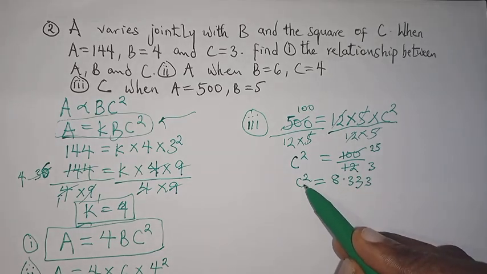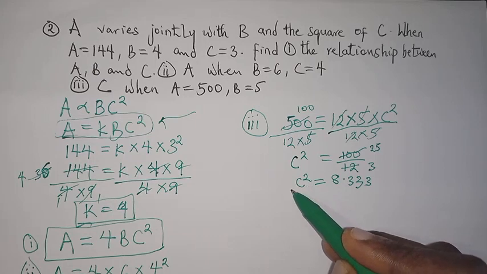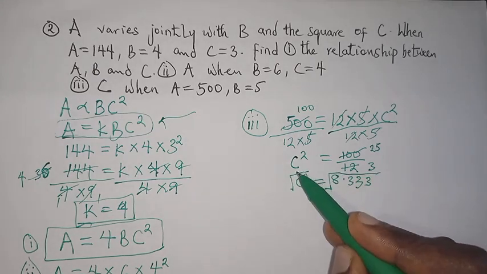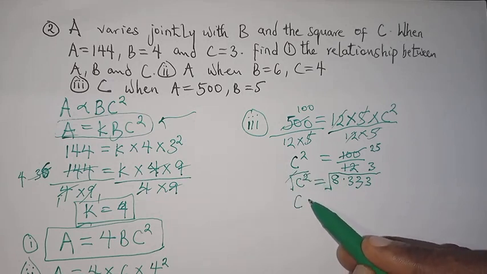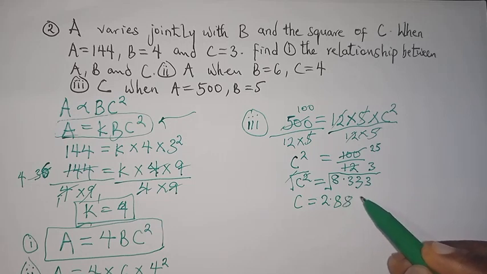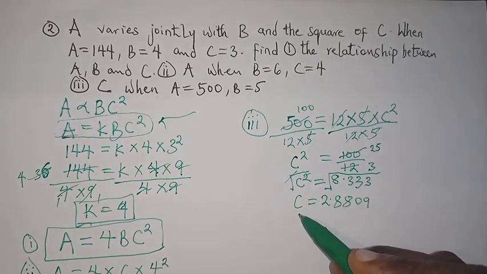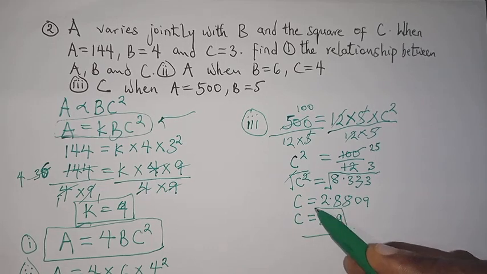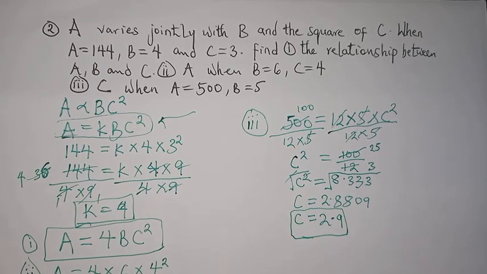For me, I'm looking for C and not C squared, so I'm just simply going to take the square root of both sides. At the end of the day, this cancels out. So C is simply going to be 5. So that is the final answer.